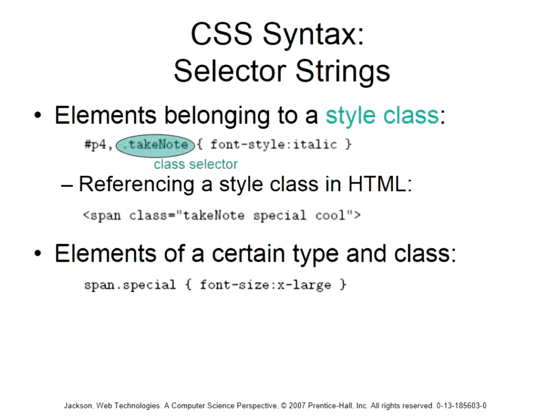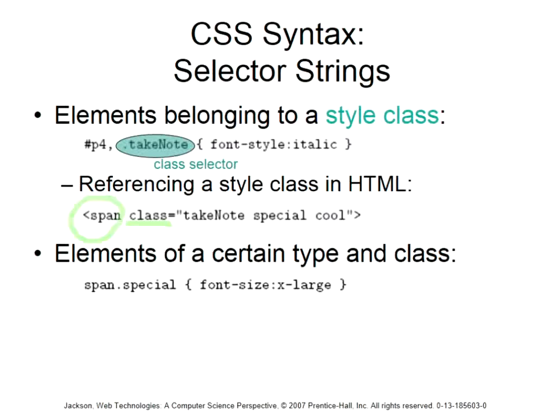What is the meaning of .taqniyat? So .taqniyat, it is a class selector. That means all the tags with attribute class, not ID, class.